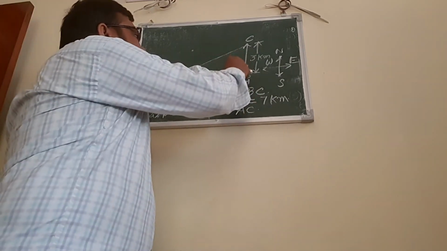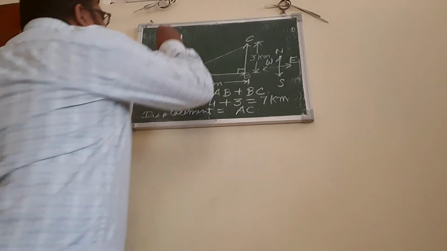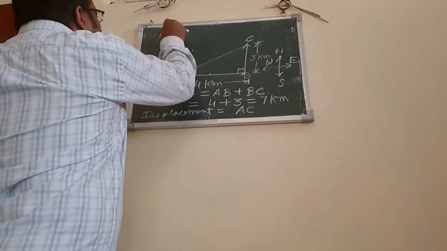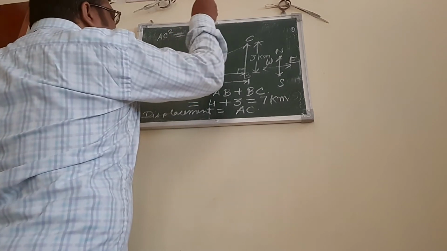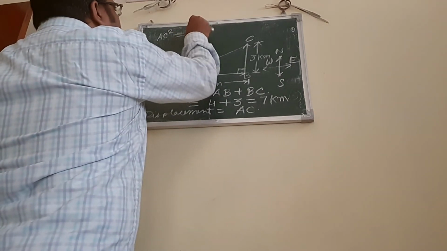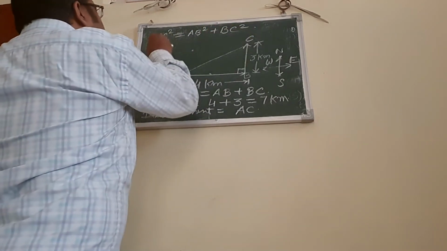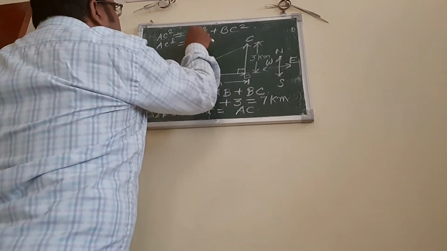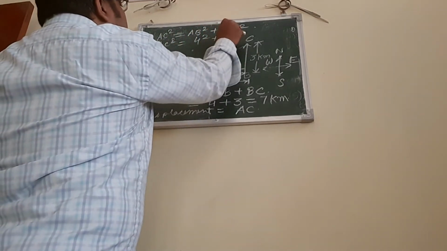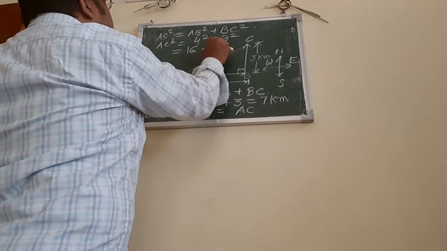This is a right angle triangle, so we can find it with the help of Pythagoras theorem. So AC square equal to AB square plus BC square. So AC square equal to 4 square plus 3 square. So it is 16 plus 9.